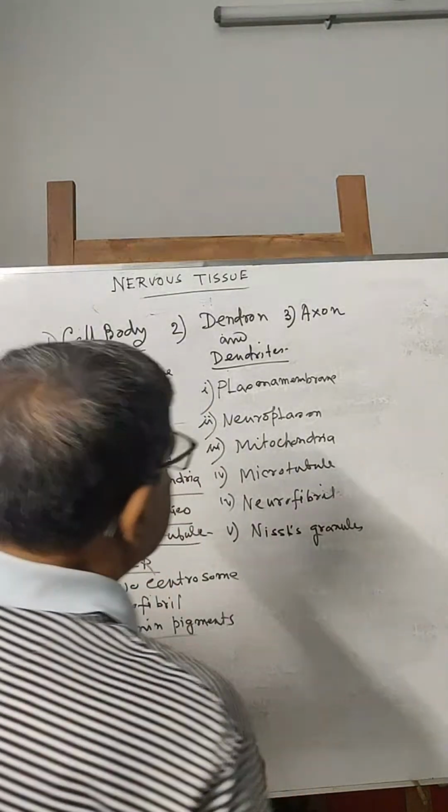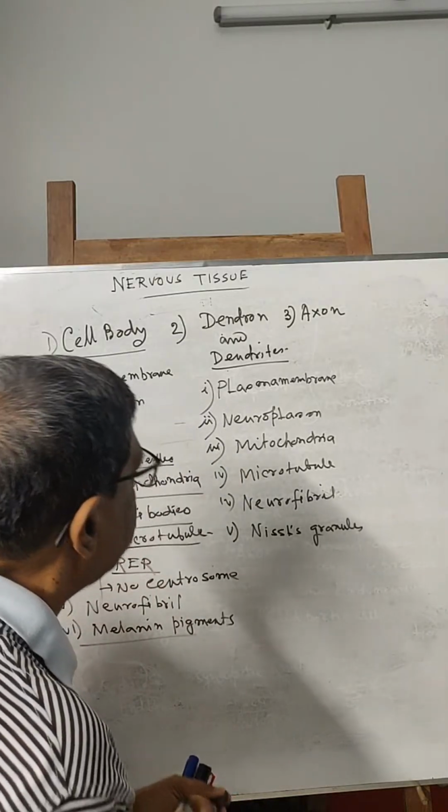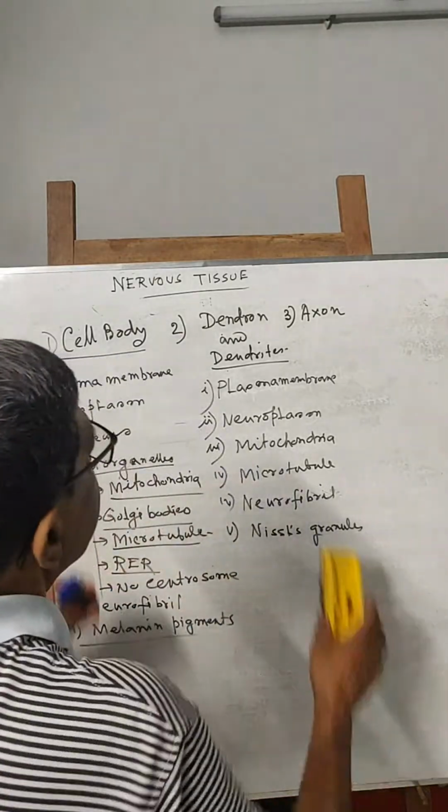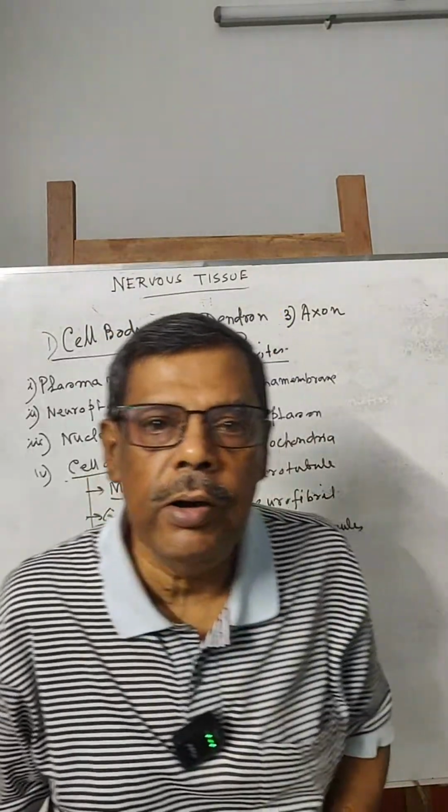The axon is the longest cytoplasmic or protoplasmic process of the neuron. What is the function of dendron?